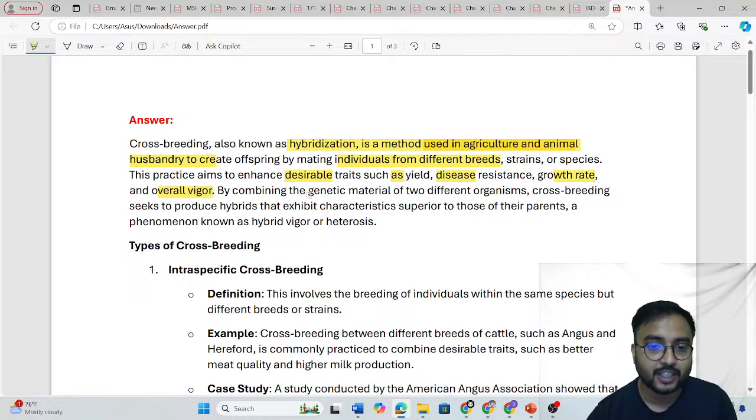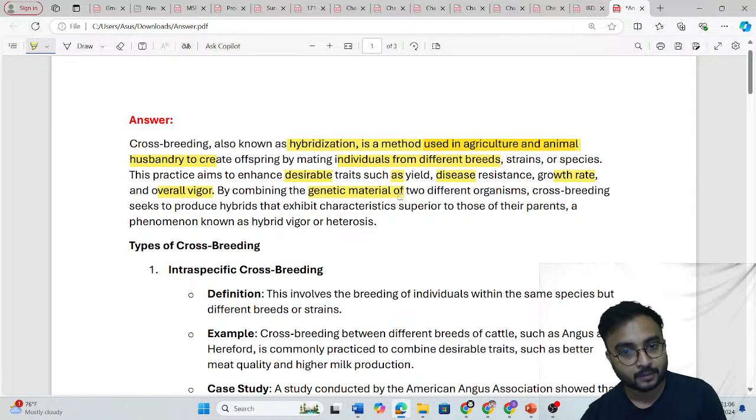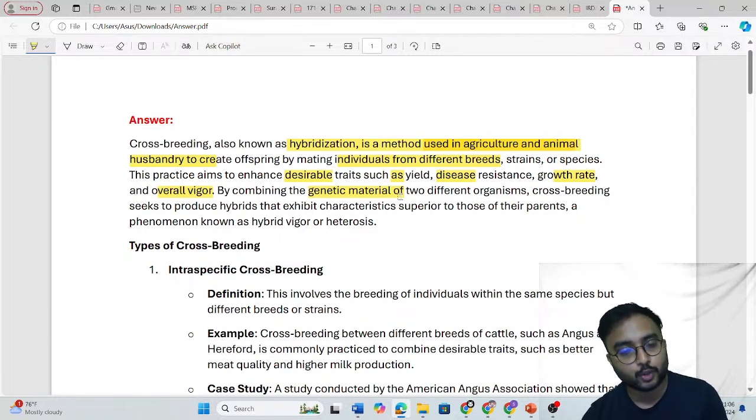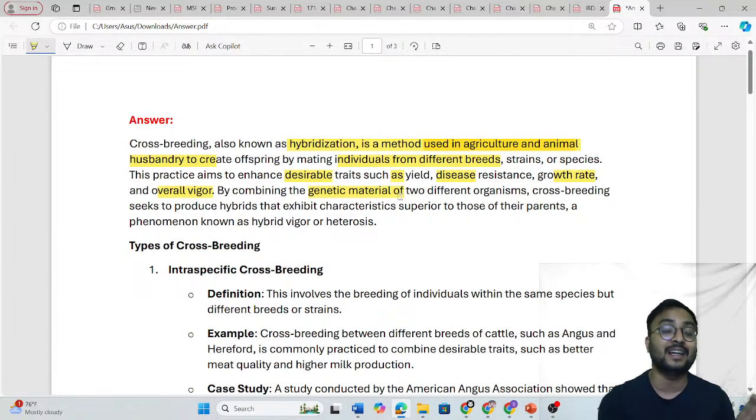By combining the genetic material of two completely different breeds, crossbreeding tries to produce a hybrid or mix of those two characters that exhibits characteristics superior to the parent animals.